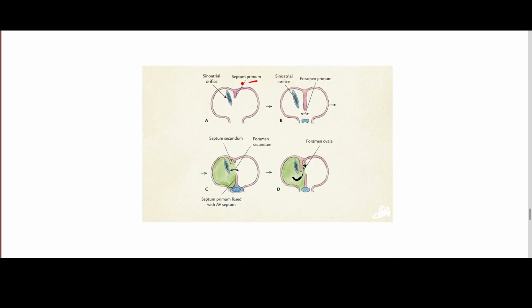So the septum grows from above, and eventually it leaves a space called the foramen primum. The septum primum continues growing to cover this foramen primum.